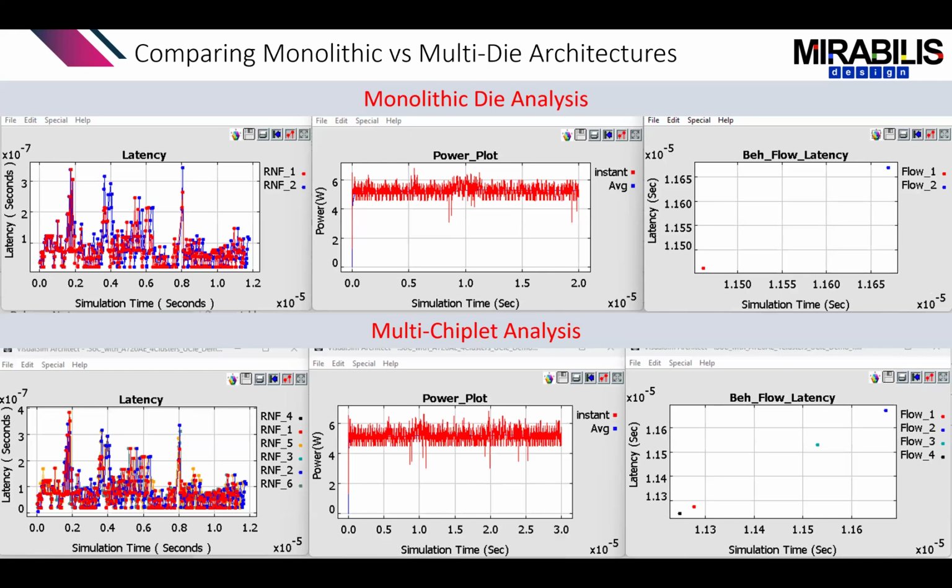So by distributing the data across the different DRAMs and scheduling them slightly differently, we could actually eliminate a lot of the bandwidth limitations and a lot of the performance limitations, and be able to get the latency lower. So this was one of the things that was key in this particular architecture, that going over to multi-die does not mean you're going to increase your latency. In some cases, you actually have the ability to reduce the latency.